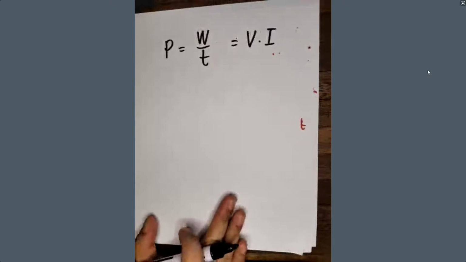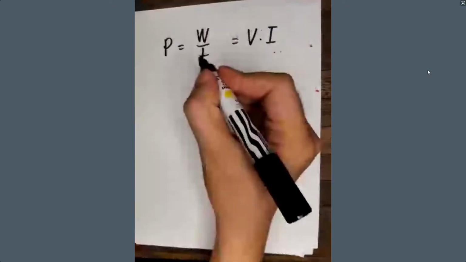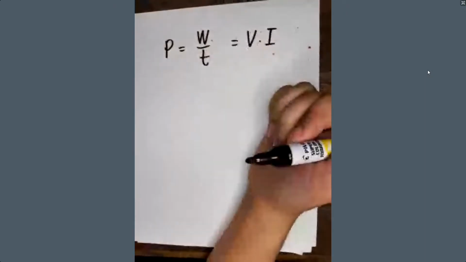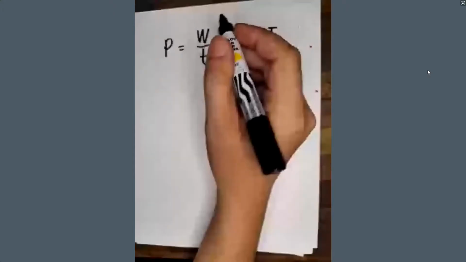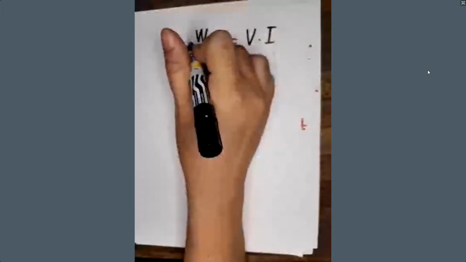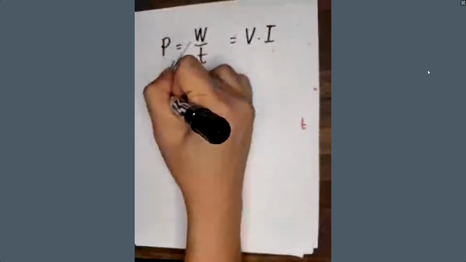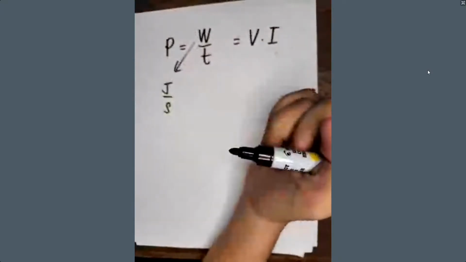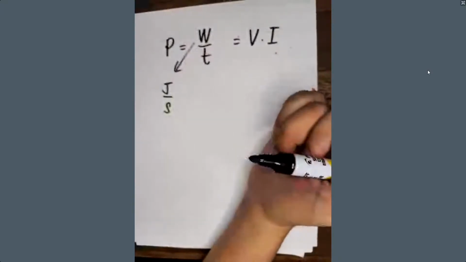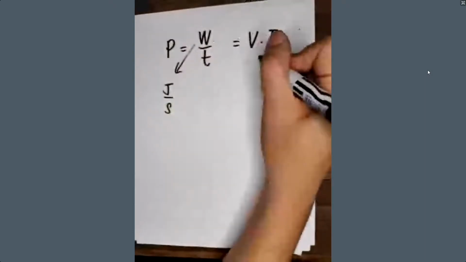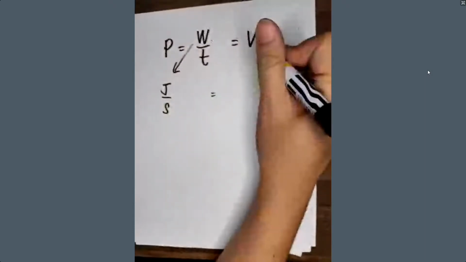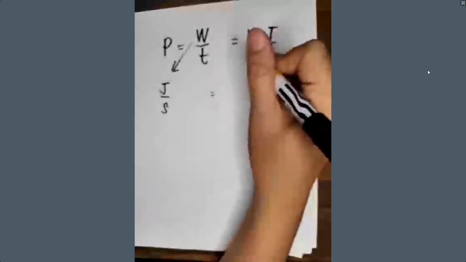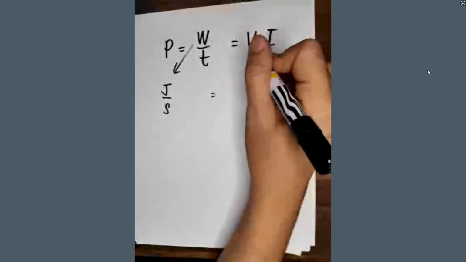Gagawin ko lang to because of some units. Di ba, ano ba ang unit ng work or energy? So, ang unit ng power ay joules per second. Tama ba? Anong unit naman ng equal dito? Equal daw yan sa V times I. Ano ba yung V? Voltage.